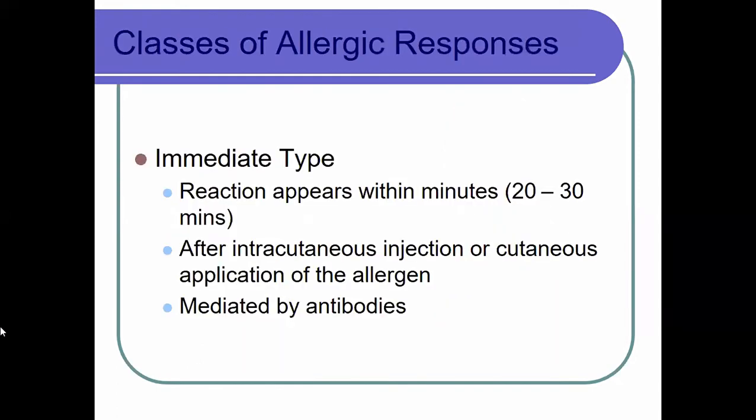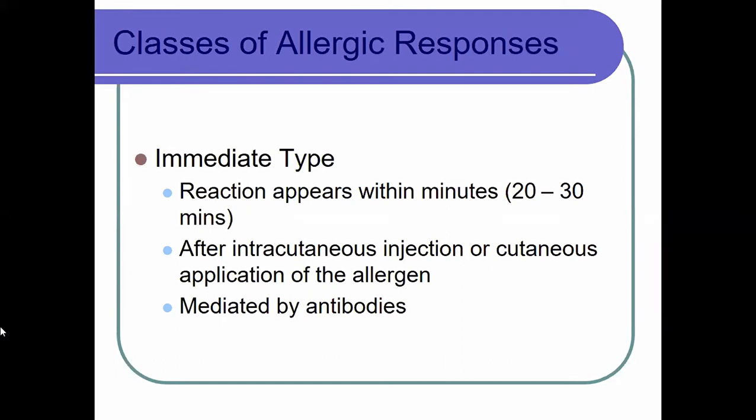So we have classes of allergic responses. The immediate type, it is called immediate type because the reaction appears within minutes from exposure, 20 to 30 minutes, after intracutaneous injection or cutaneous application of allergen.